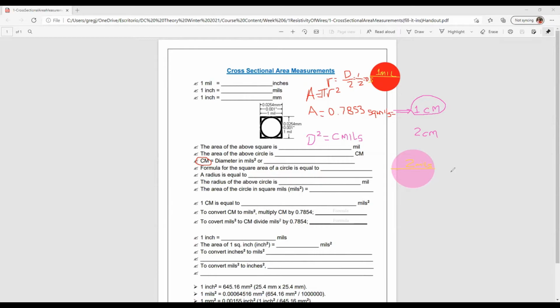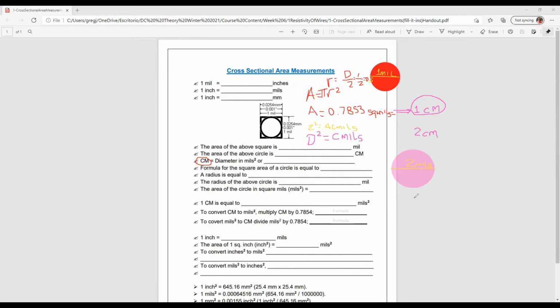That's the diameter of my conductor. Now, if I have 2 mils and I apply this formula, that means that 2 squared is equal to 4 circular mils.